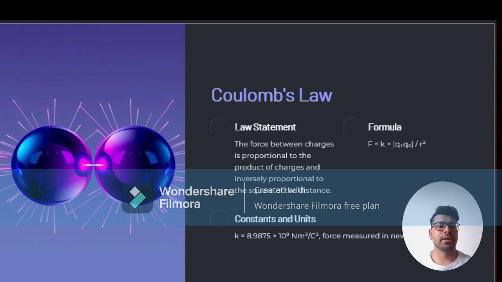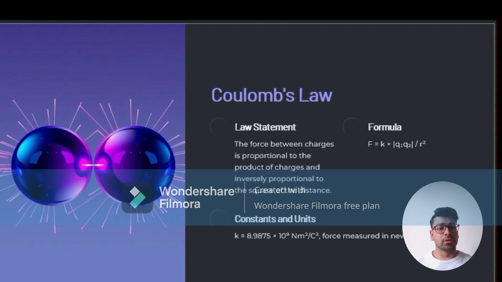The formula is F = K × Q1 × Q2 over R squared, where F is the electric force in newtons, Q1 and Q2 are the magnitudes of the charges in coulombs, R is the distance between them in meters, and K is Coulomb's constant, approximately 9 times 10 to the 9 newton meters squared over coulombs squared.